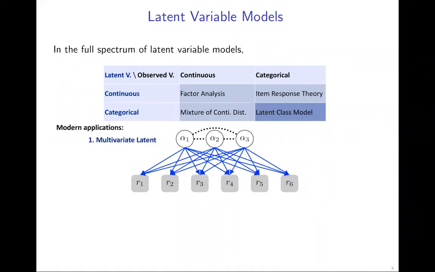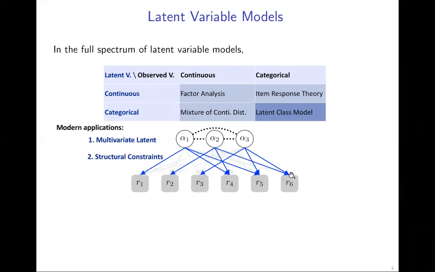So actually, this is not well suited to our previously defined goal of drawing fine-grained diagnosis of multiple latent skills. Therefore, in this talk, I will focus on a modern generalization of the latent class model. Here, instead of using a univariate latent variable, this modern generalization adopts the assumption of multiple latent traits to explain the observations.